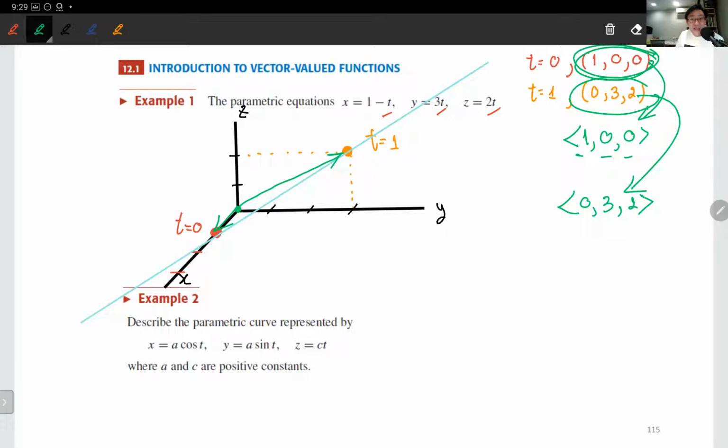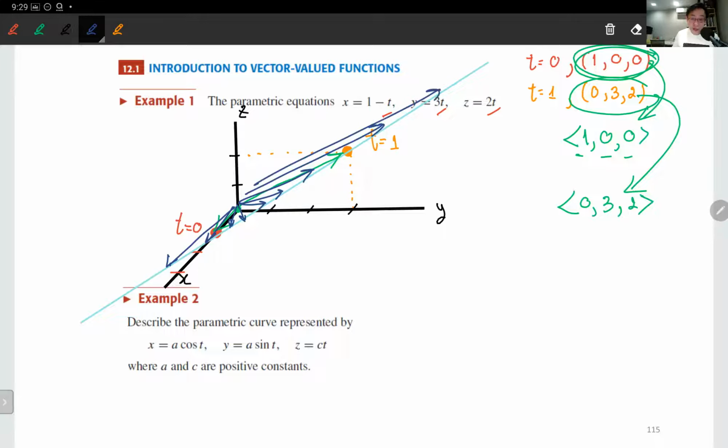But you start seeing something now. I can trace this straight line by looking at the endpoints, the terminal points, of vectors. So think of it this way: I'm going to point here, here, here, here, there.